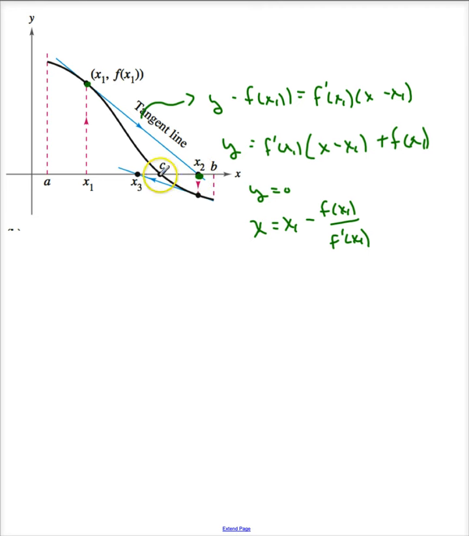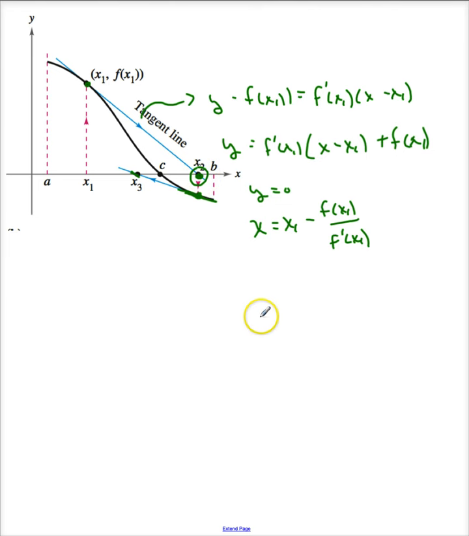While x2 is hopefully closer to C than B was, if I use x2 now as my starting off point and come down to the curve and then find a tangent line of my curve at this point, I will find another y-intercept that is hopefully closer to C than even my first attempt.